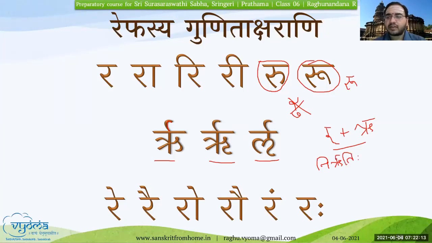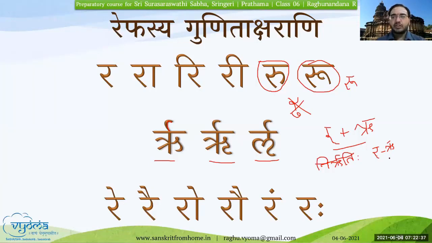In some of the previous editions of the books, the font might not have been available in those days, so they would write half R in this way, put a hyphen and then a rakara. This also is the same combination, Nirratihi.